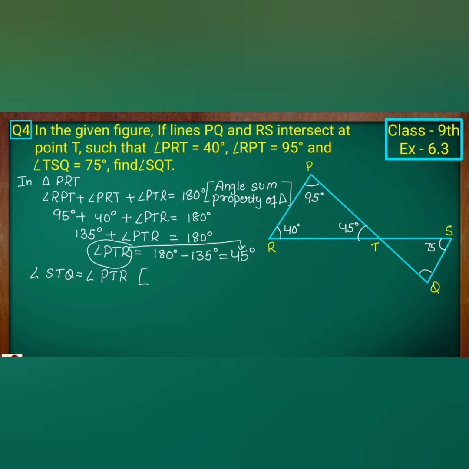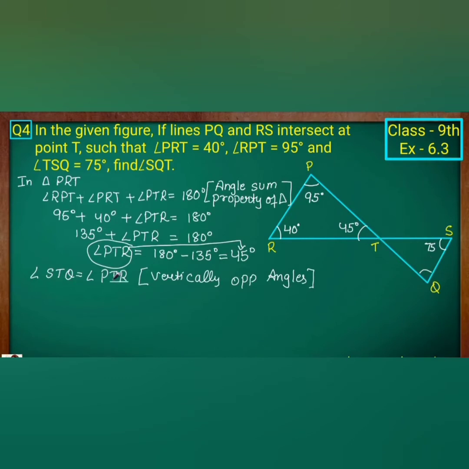So angle STQ equal to angle PTR, by using the condition vertically opposite angles, is it? So students, you have to write the condition while writing steps, okay? Steps are very important. So you have to write steps with condition.